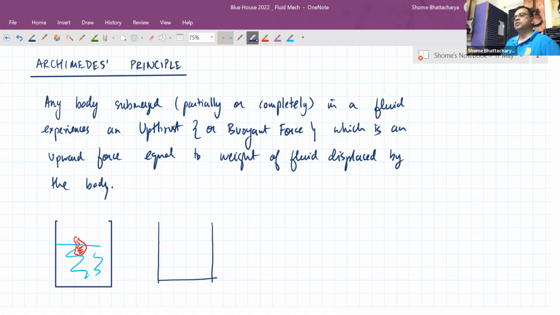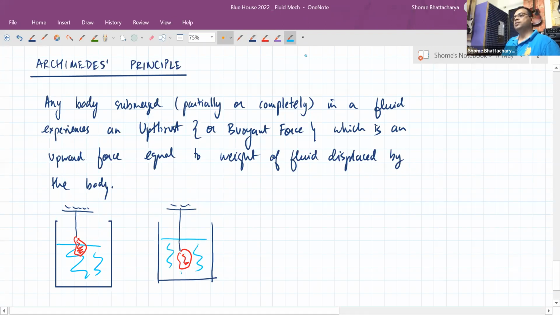We can have something which is partially submerged because it is suspended like this inside the fluid, or something that is fully submerged because it is suspended completely inside the fluid. But in both cases, the fluid will be applying some kind of force on it, which will be a vertically upward force called the buoyancy or the buoyant force. And that buoyant force will be equal to the weight of fluid displaced.